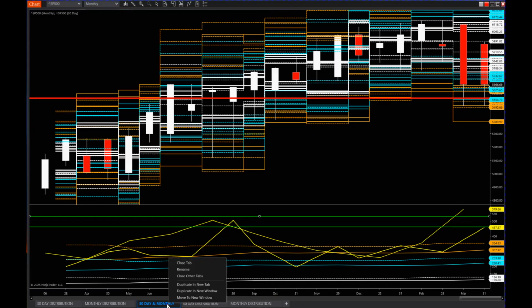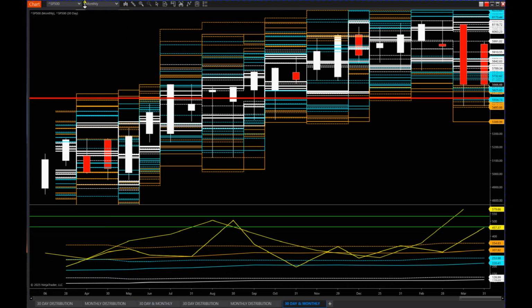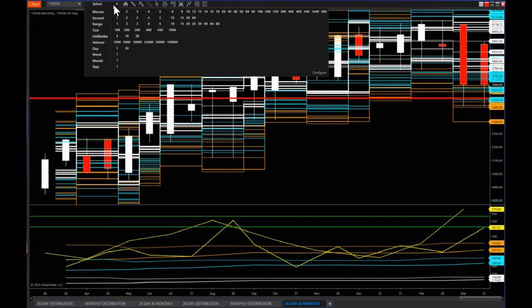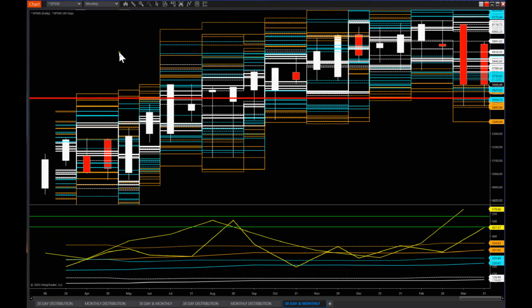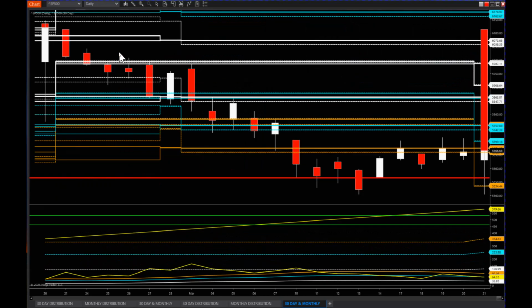If we do the same thing with this and duplicate it and change it to a daily bar, showing that R vol of the monthly range, instead of it calculating on a monthly bar open, we'll calculate on a daily bar open. So that's that daily R vol versus the monthly H vol range comparison.